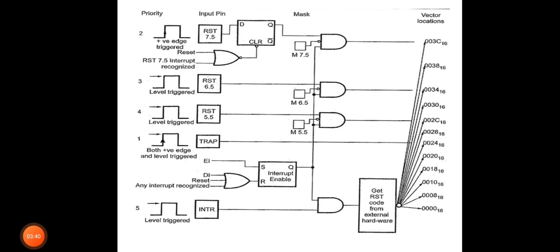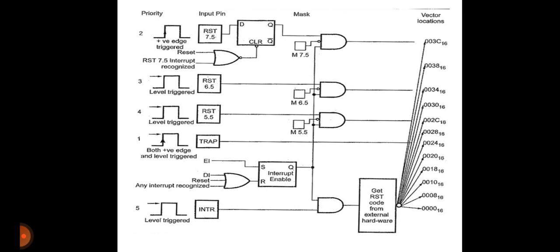The interrupt structure of 8085 has 5 hardware interrupts, namely TRAP, RST 7.5, RST 6.5, RST 5.5 and INTR. When any of these pins except INTR is active, the internal control circuit of the 8085 produces a call to a predetermined memory location.